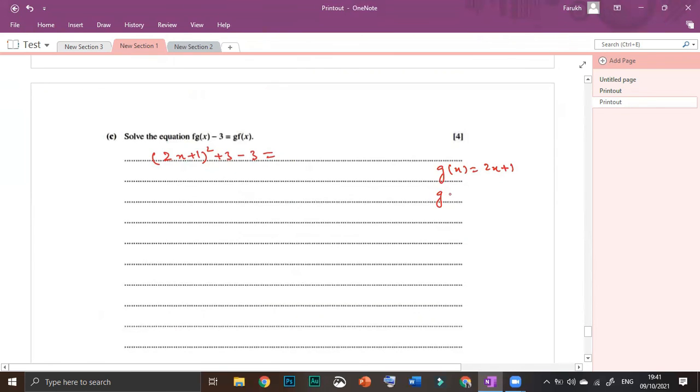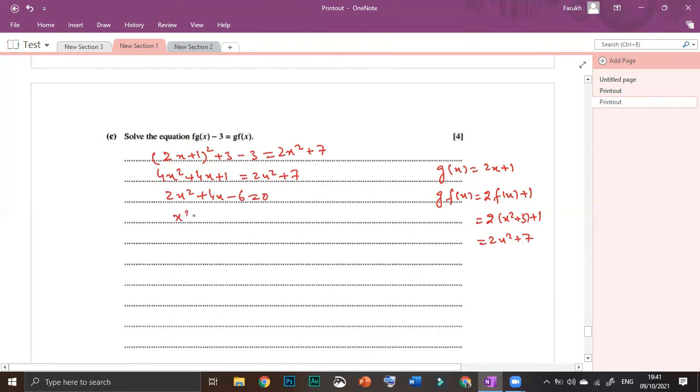G of f of x is equal to 2 f of x plus 1, 2 x square plus 3 plus 1, 2x square plus 7. So 4x square plus 4x plus 1 is equal to 2x square plus 7. The final answer is 2x square plus 4x minus 6 is equal to 0.